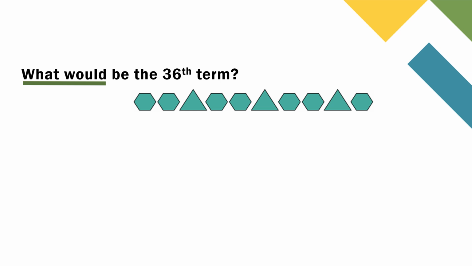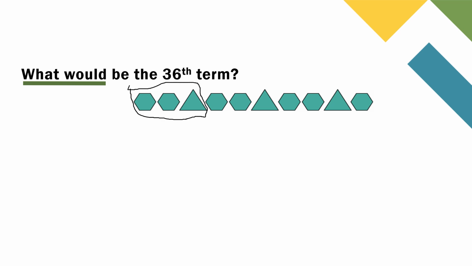The first one says, what would be the 36th term? So your first step, you want to find the foundation. My pattern is made up of hexagon, hexagon, triangle, hexagon, hexagon, triangle, hexagon, hexagon, triangle, hexagon. So where did the pattern start to repeat? It was after the triangle.